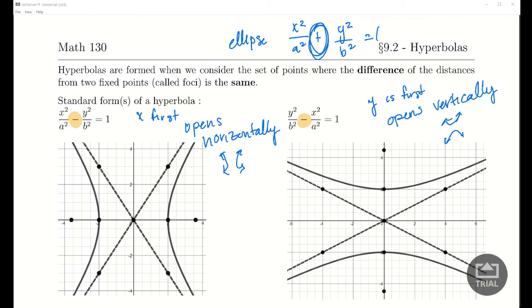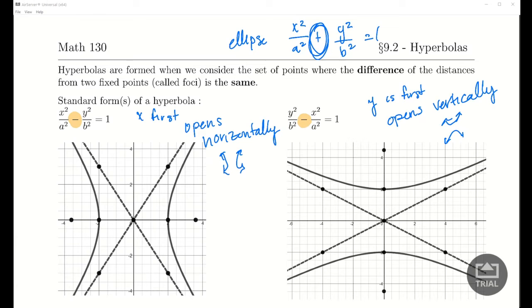Notice here in my setup, we have a squared still with x and b squared still with y in both of these. Now your textbook always uses a first. Just keep in mind that I do not. So A is still how far out you're going to count in the x direction. B is still how far out you're going to count in the y direction.